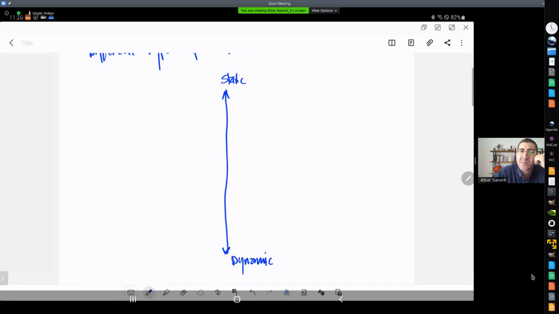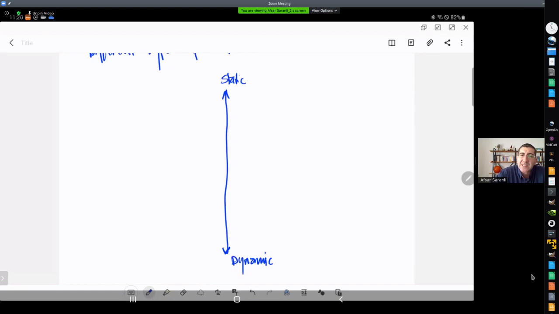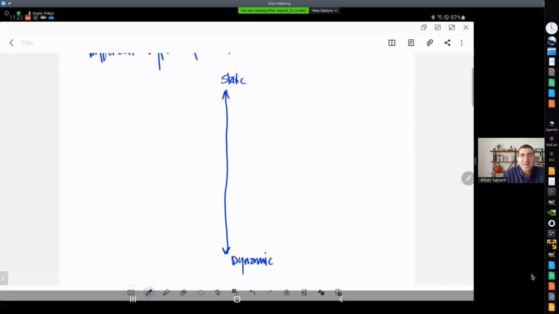Almost all systems we have seen, except maybe some components, are actually dynamic systems. The difference is that dynamic systems are defined by differential equations. Static systems are defined by algebraic equations.